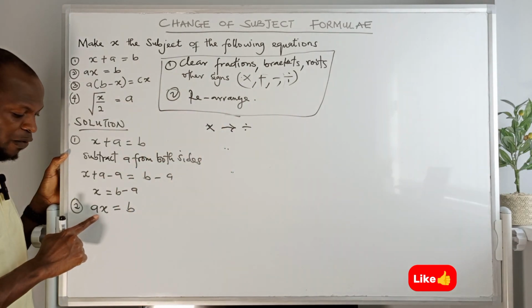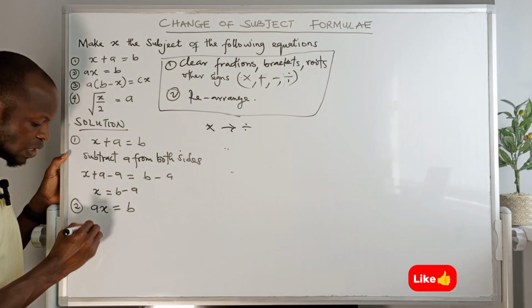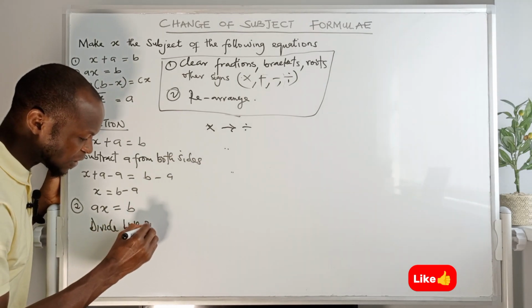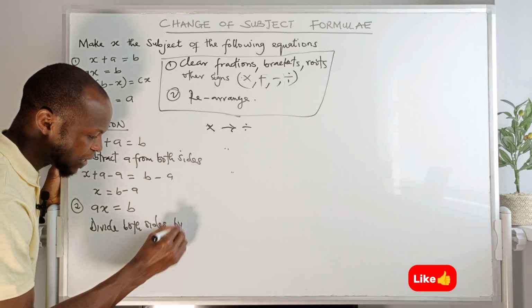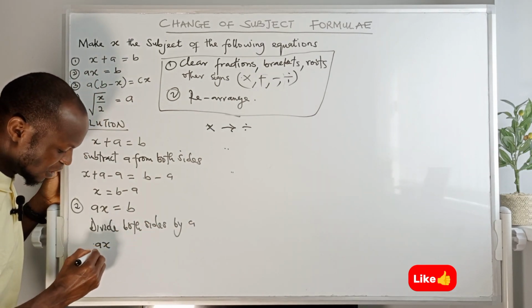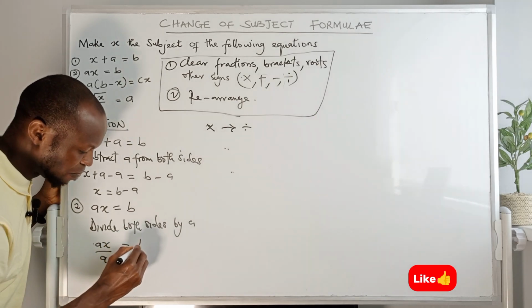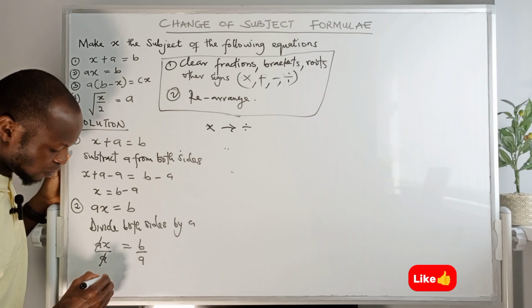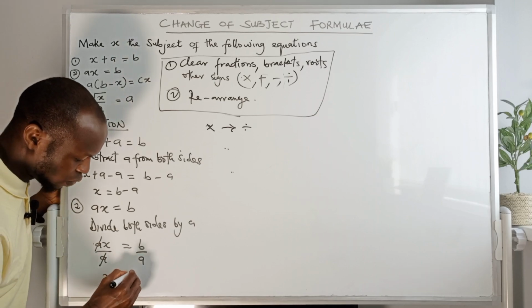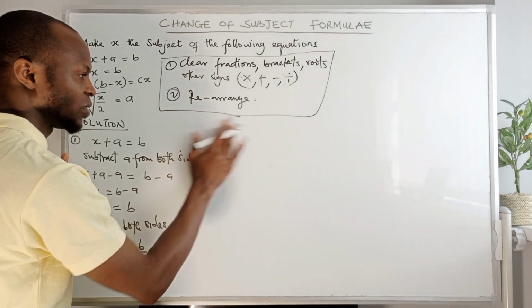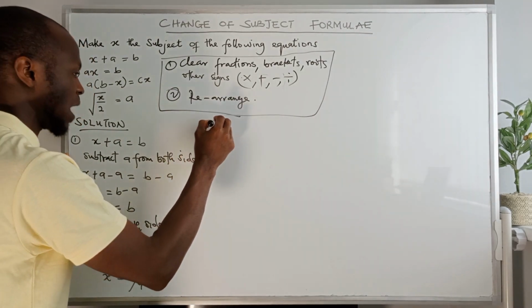So I divide both sides by a. Automatically I have ax divided by a equals b divided by a. So this a will cancel this a, and I have x equals b over a. Do you get it? So let's go to the third example.